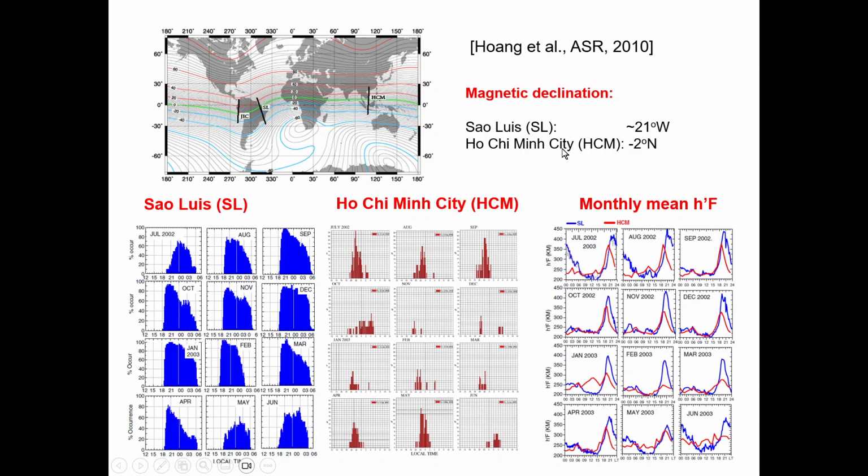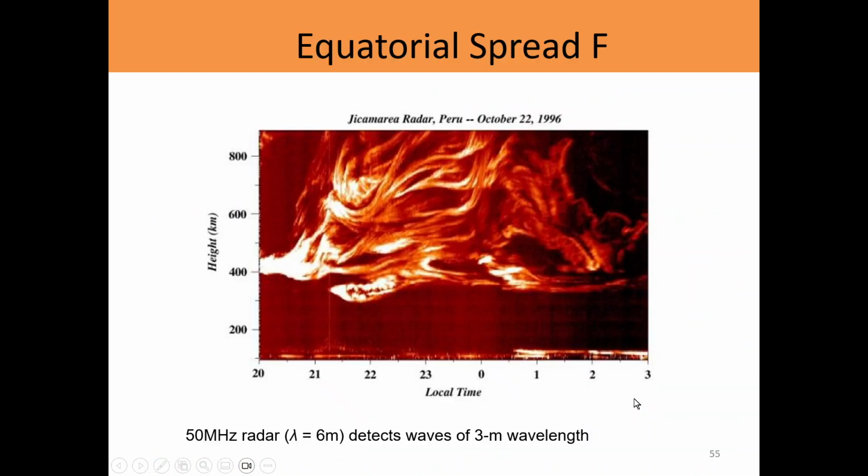This is another work. I think it's with Professor Amory with the Vietnamese team, and they looked at data in South America and also in Vietnam. Yeah, and they show different parameters like occurrence, and they show monthly h'F at these 2 altitudes as well. This is one of the classic pictures from the Jicamarca radar, Peru.